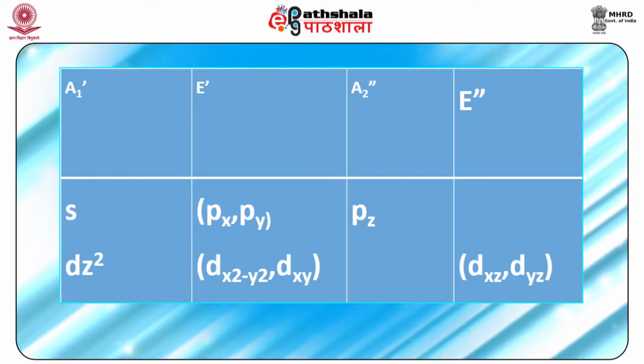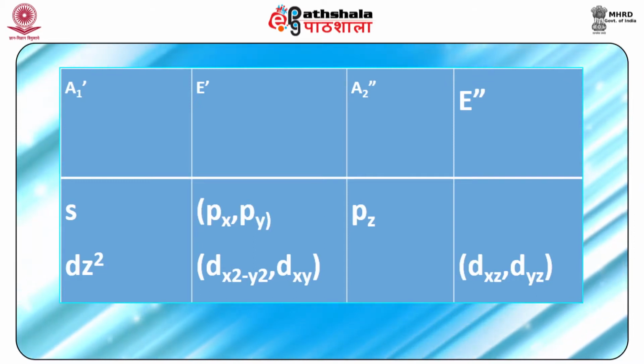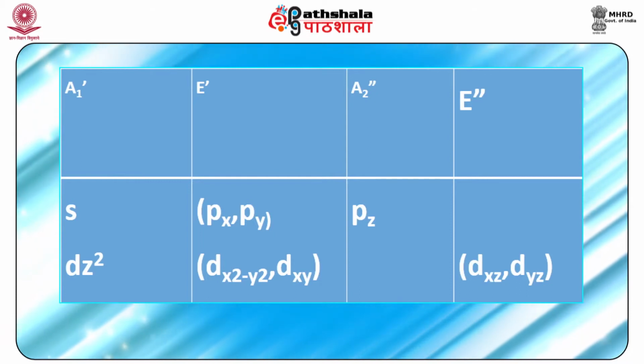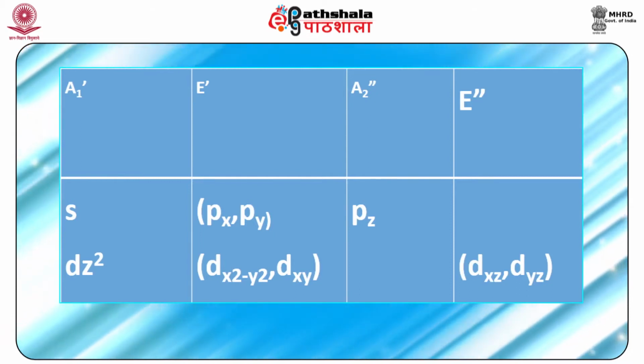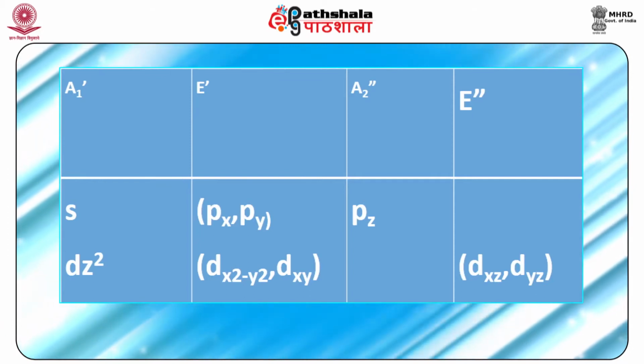Atomic orbitals dxz and dyz of symmetry E double dash will not be considered for mixing in forming hybrid orbitals, as these are not the basis for any of the irreducible representations in the D3h point group.